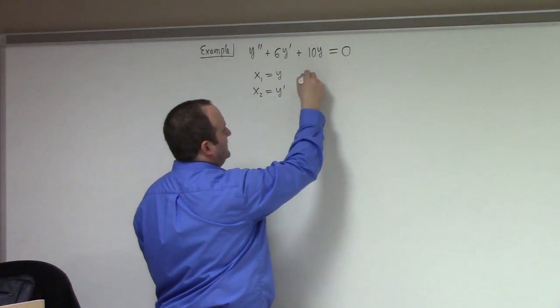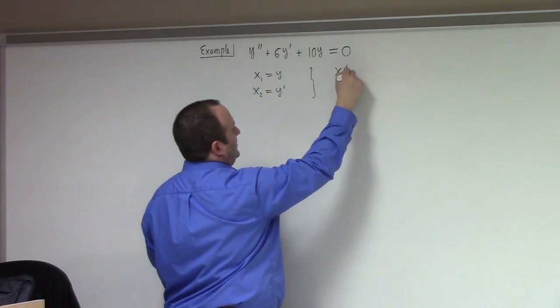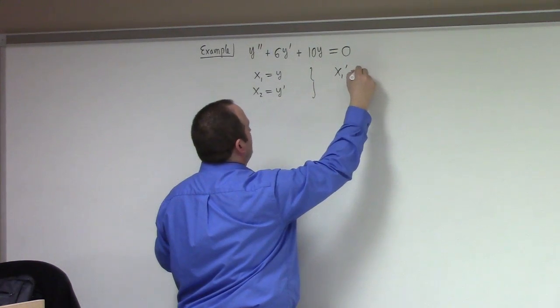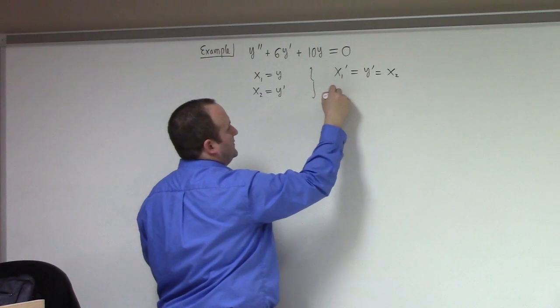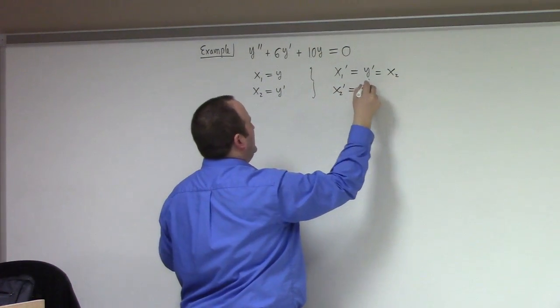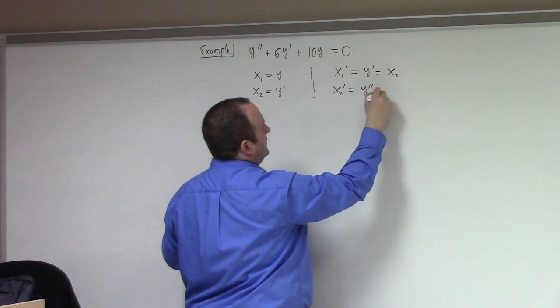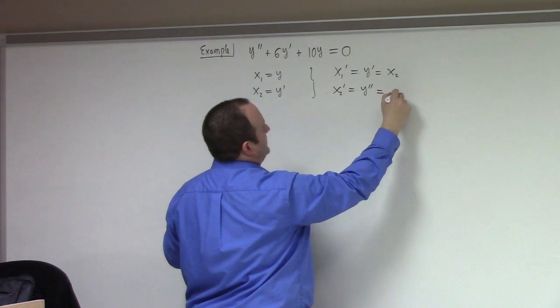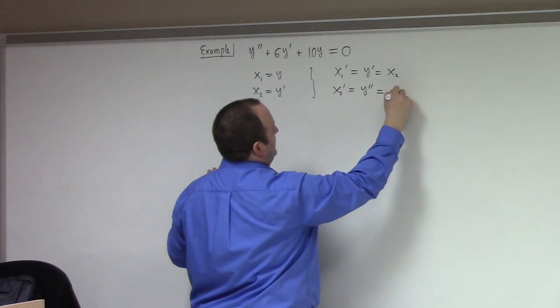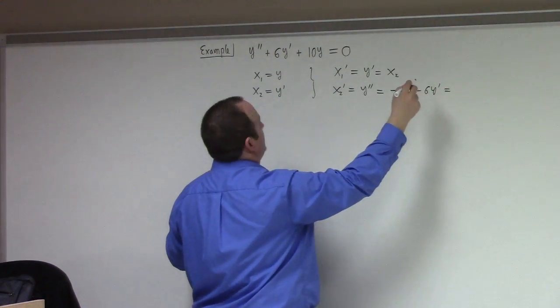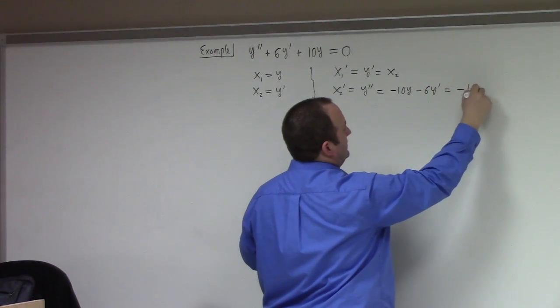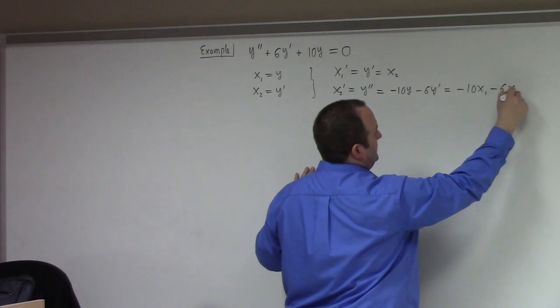Well, I have a system: x1 prime equals y prime, which is of course x2, and x2 prime is equal to y double prime, which is equal to, apparently, minus 10y minus 6y prime, aka minus 10x1 minus 6x2.